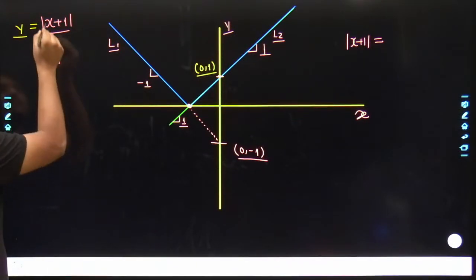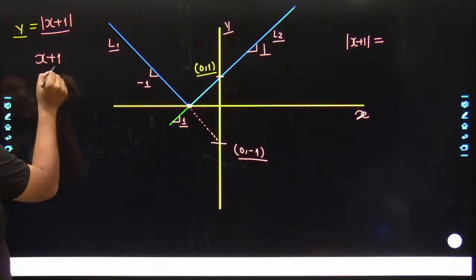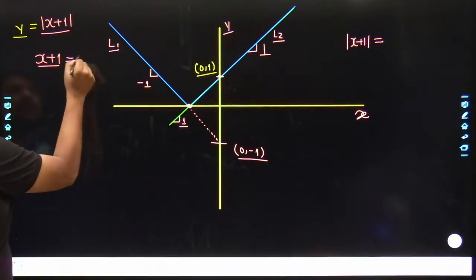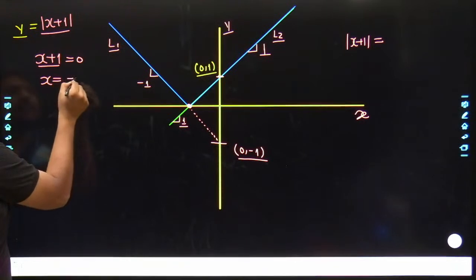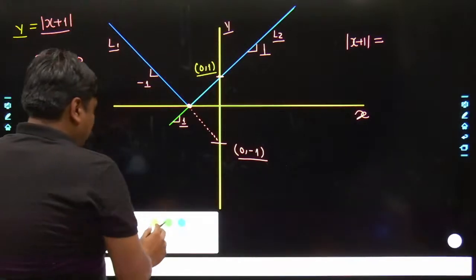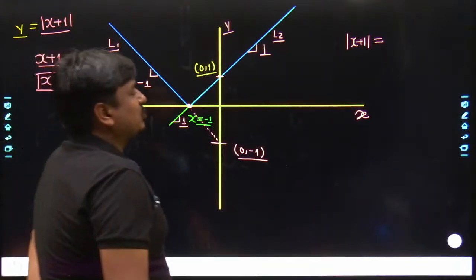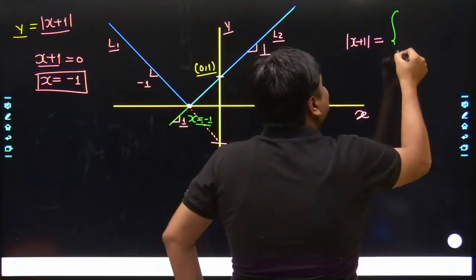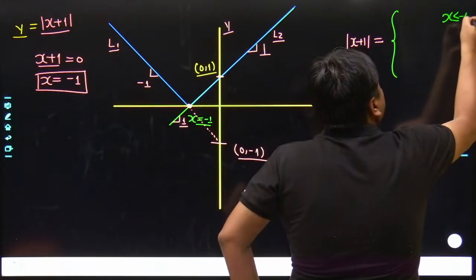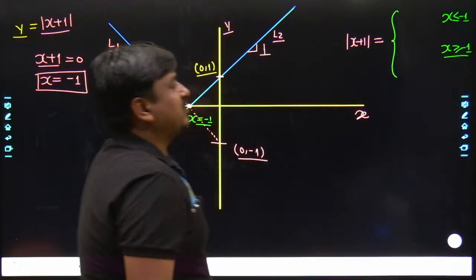Whenever you have a function for which the modulus has been taken, if you really want to know the change point, you have to take the relationship of the function with 0, and once you do that, you get the value of the change point. The change point is x equals -1. That means this function has to be distributed taking the reference of x equals -1, towards values lower than -1 and towards values higher than -1. You would have two different natures of this straight line.